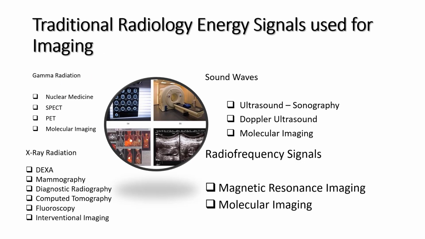We use different types of energies or signals to interact with tissue to make an image for diagnosis. Most of that energy is found on what is called the electromagnetic spectrum. And on the electromagnetic spectrum, we have ionizing radiation and non-ionizing radiation.